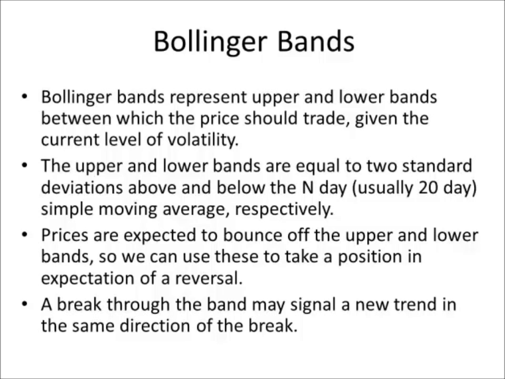Now the EMA is equal to the current price, or in this case it's going to be the current true range, minus the previous day's EMA, times 2 divided by the number of days minus 1. So this is going to be a 14-day EMA. 14 minus 1.